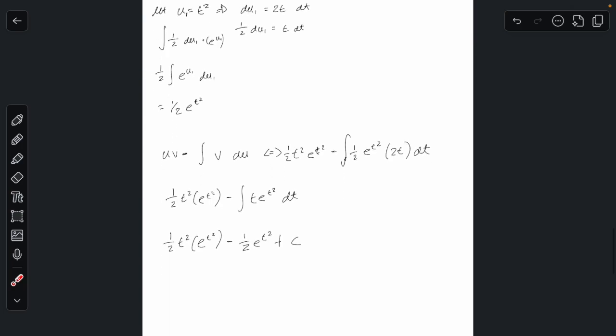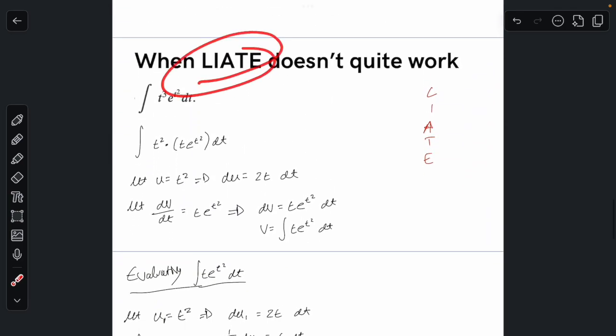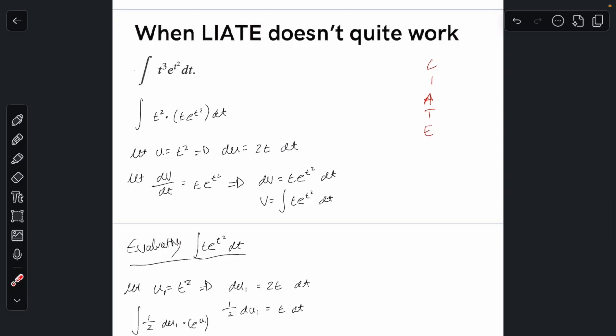And that, guys, is going to be your answer when you can't integrate according to LIATE. You've got to get a bit creative, but most of the time this will work, but there is an exception, such as in this case where that's not going to work for you.